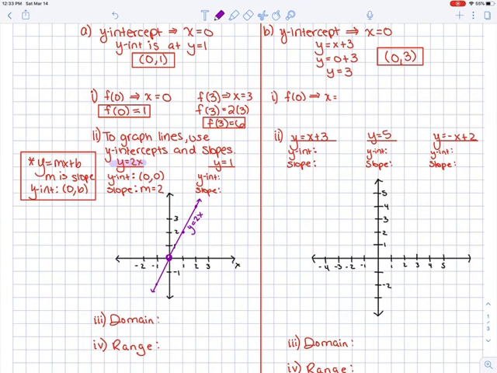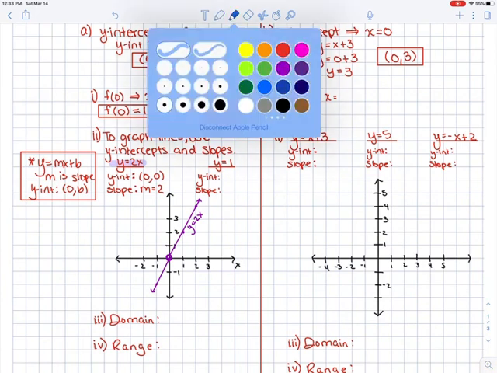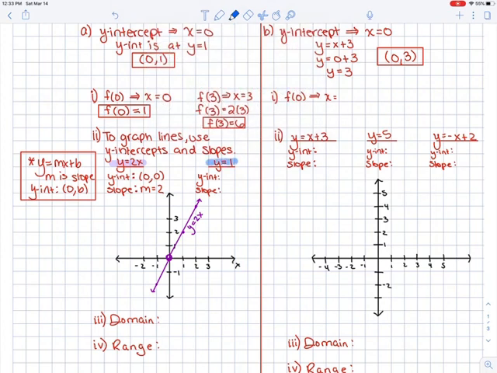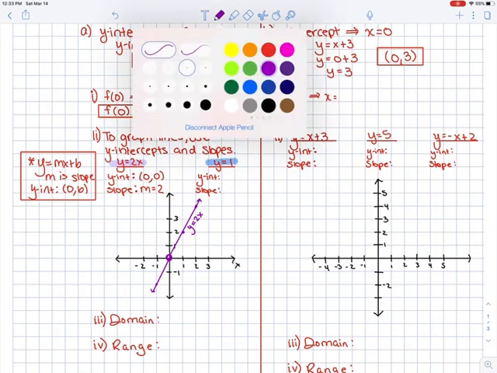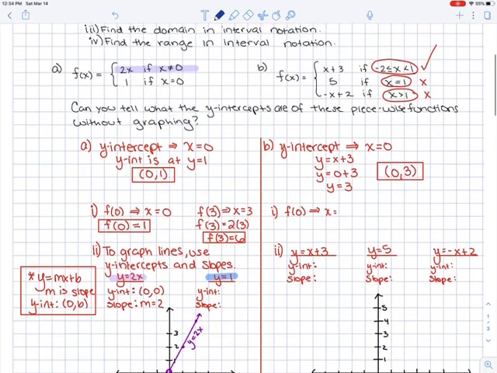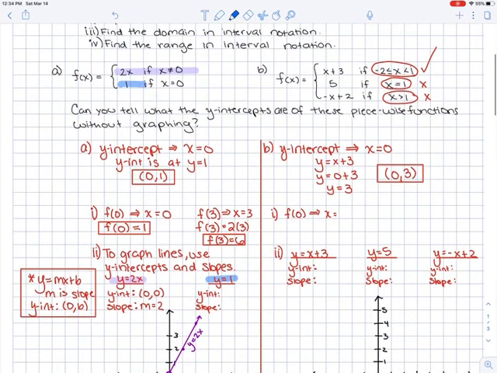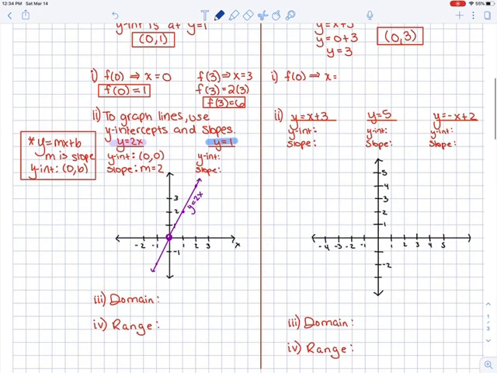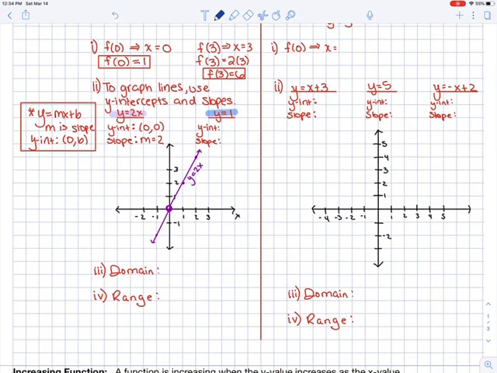Now we're ready to graph y equals 1. Let's use blue for y equals 1. Again, we have to look at the domain of y equals 1. The domain of y equals 1 is x equals 0. So when we graph y equals 1, I'll graph the entire line first so you can see what it looks like.